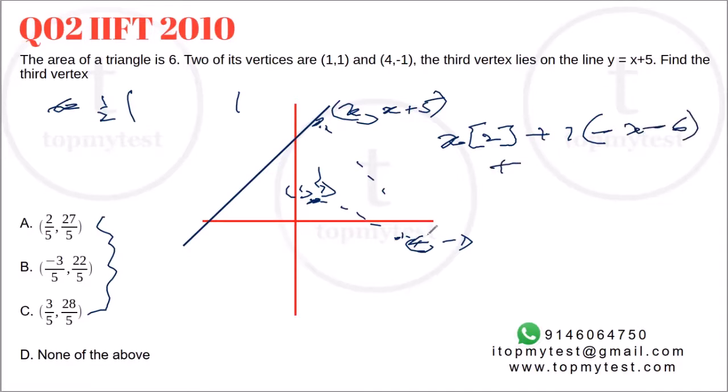The third one would be 4 times (x plus 5 minus 1), so 4x plus 16. This modulus should be equal to 12, 6 into 2.